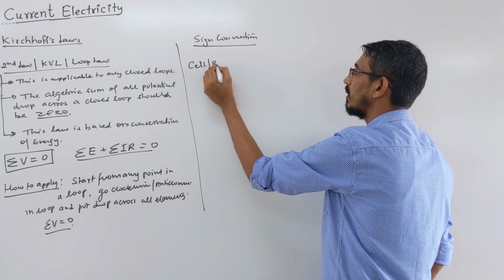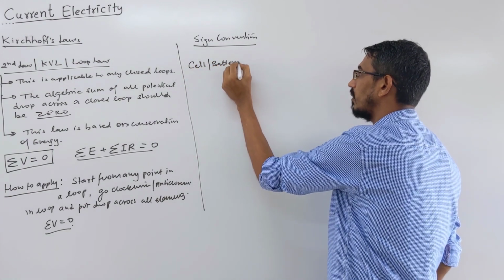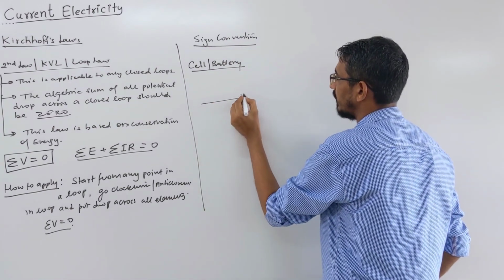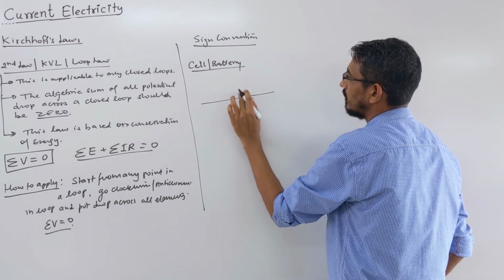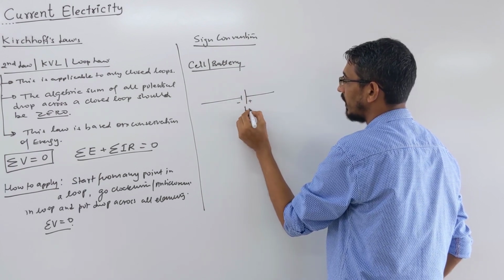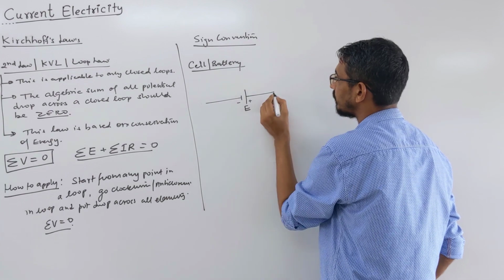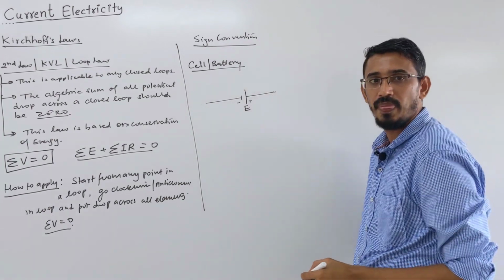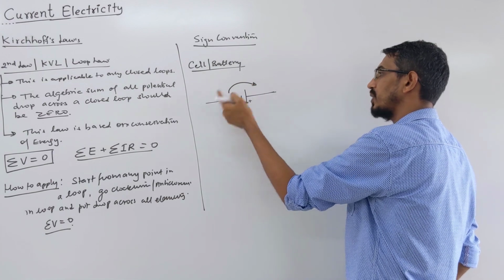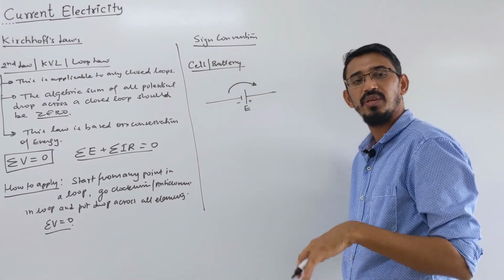Let's talk about the cell or battery first. Suppose this is your battery, with a negative terminal and a positive terminal, of EMF E. Suppose you're going around a circuit and you jump from the negative terminal to the positive terminal of the battery, then your potential will increase.